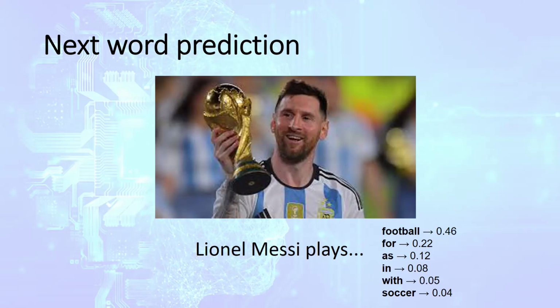They also imbibe the semantics, the logic, the structure, the nature of each particular language. In this way, it can predict the next word with some probability. For example, football with 46%, or the preposition for 22%, or as 12%, etc. And according to the temperature of our algorithm, a proper word is selected.